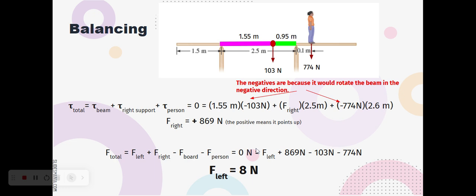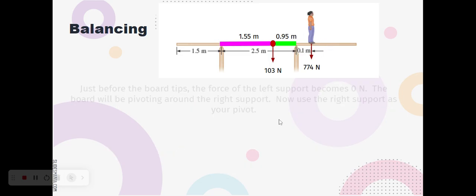Because when this tips over, this support doesn't touch the beam anymore, which means that's going to be a force of 0. So what we're going to do now is create a situation where the left support doesn't exist anymore. It doesn't push up, and let's balance this whole thing right on the right hand beam. That's how far she can go, to the point at which it's all balanced on the right hand beam.